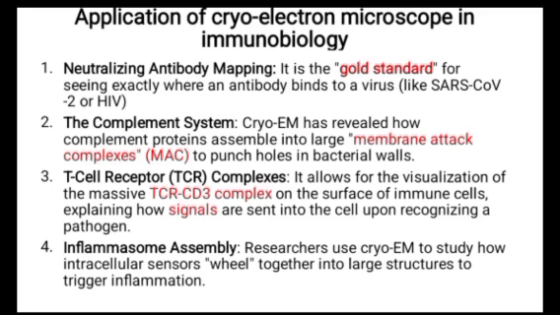As well, you can visualize a massive T cell receptor and cluster of differentiation three complex as they form on the surface of the immune cell, and how they attract by sending a signal to B cell so that the pathogen will be recognized.